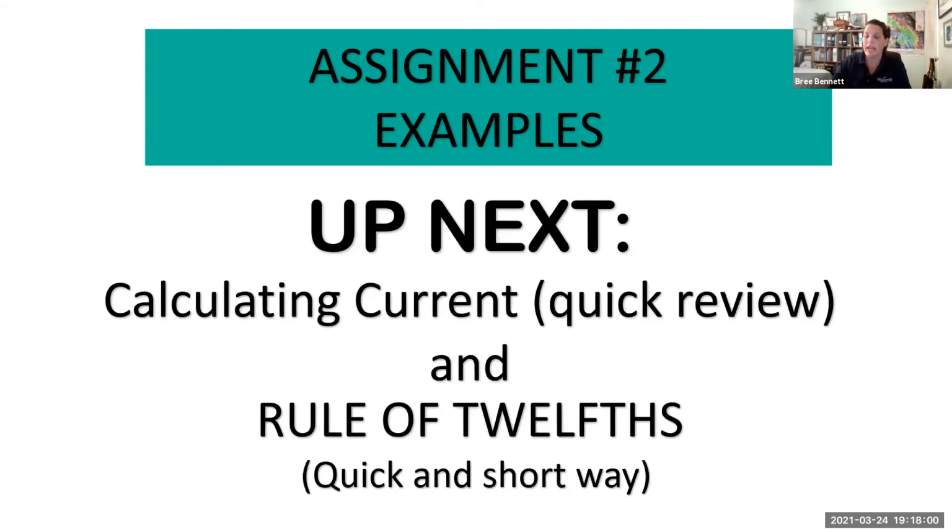I did do a current problem and recorded it. And we're going to do a quick review on how to calculate currents by the book. It's very similar, but with some smaller tweaks, basically in the table 3 section. And then we're going to go over the rule of 12ths, which is the short and quick way. So we're going to go the long, tedious way of the book, and then we're going to look at the short and quick way of the rule of 12ths.